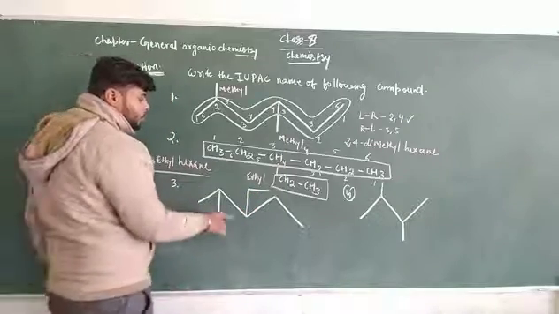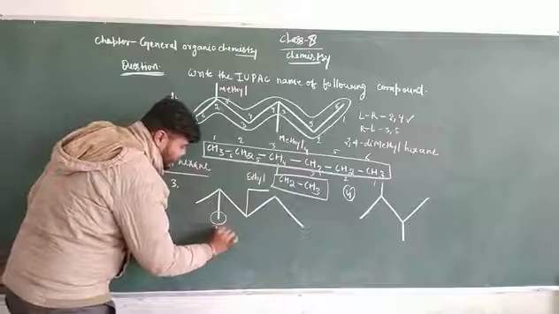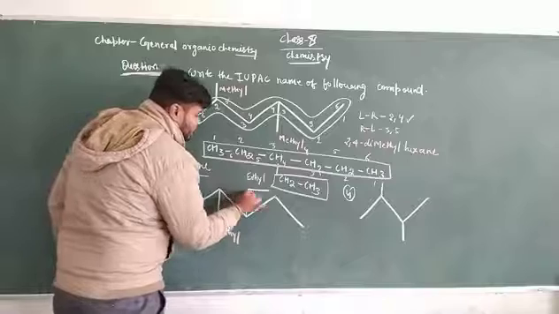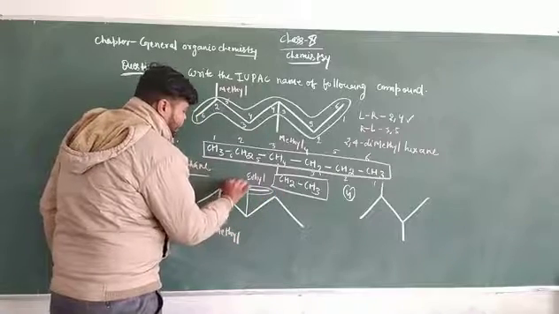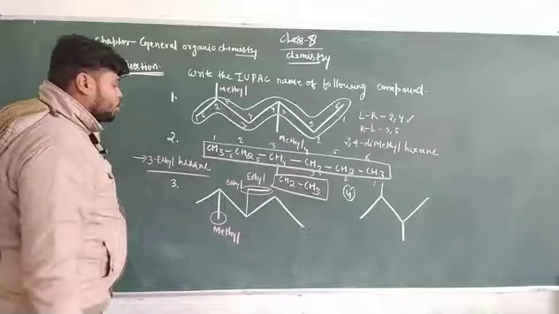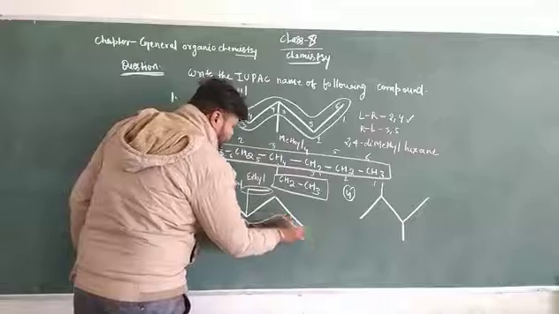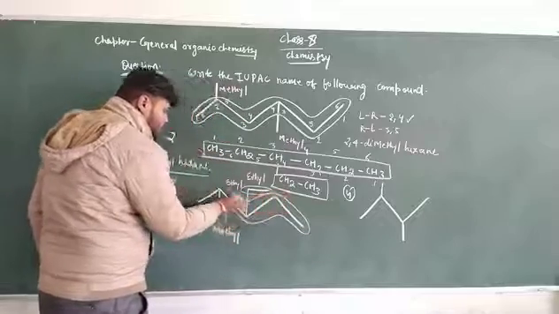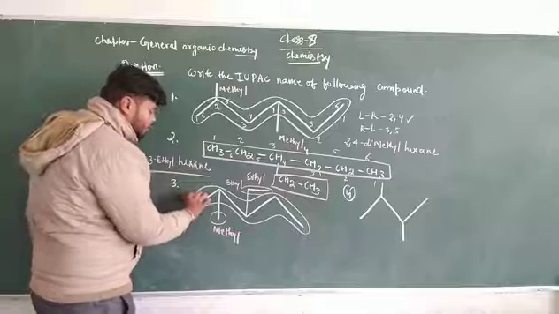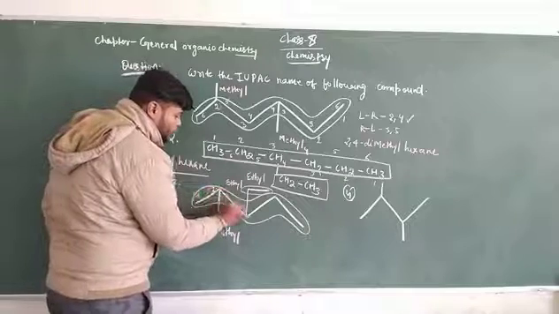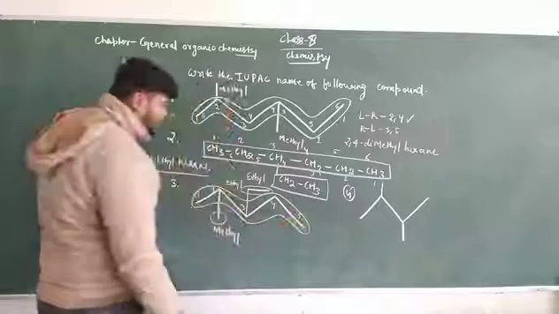Now we come to question number 3. There are 2 substituents here, this is methyl and this is ethyl. Now we do the naming. We take the parent chain, and the parent chain is this. Numbering 1, 2, 3, 4 and 5.